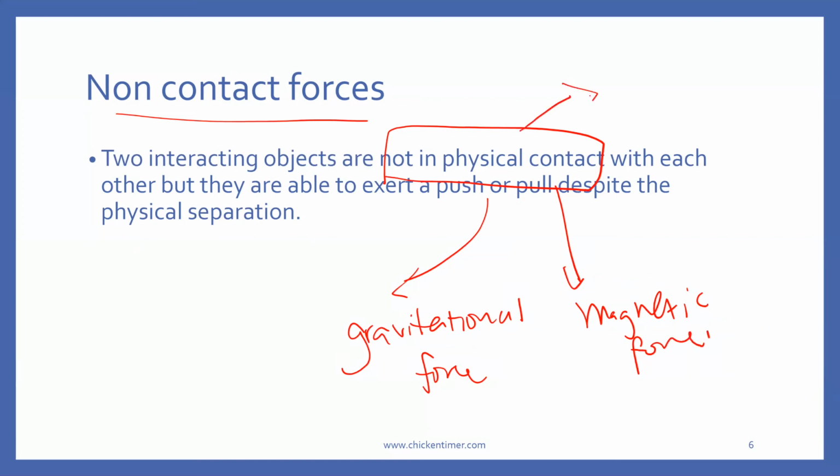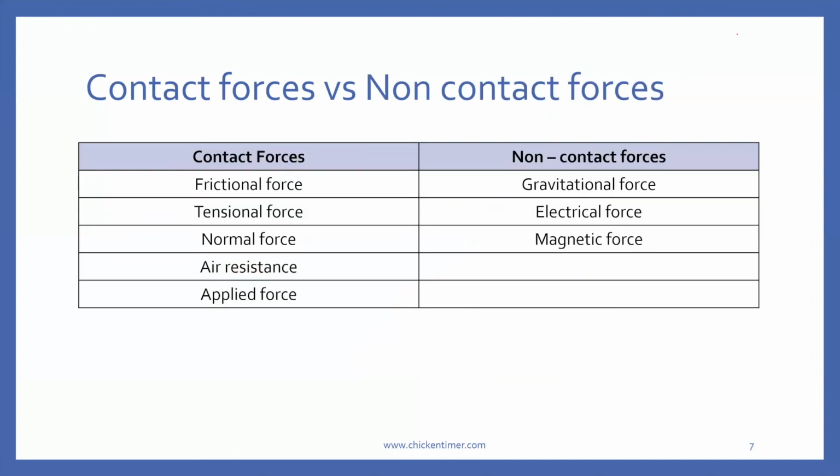The gravity is pulling you to the ground, but it is the center of the earth that is pulling you down. We are not literally stepping on the center of the earth, right? It means the gravity comes from the center of the earth. Then you have electrostatic force. So non-contact forces for you are only these three: gravitational force, electrical force, and magnetic force. Electrical force is electrostatic force.